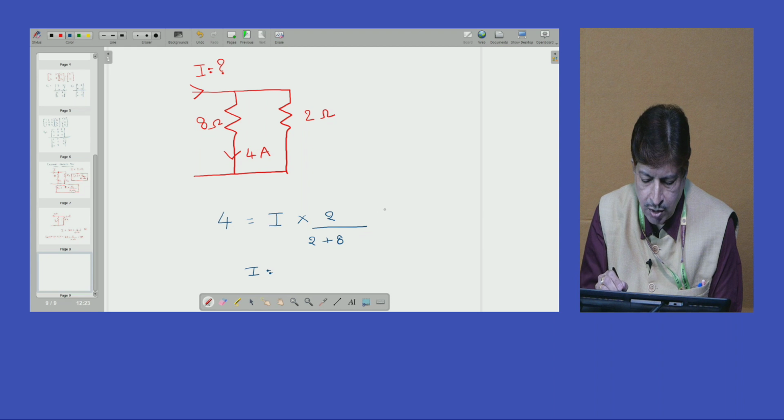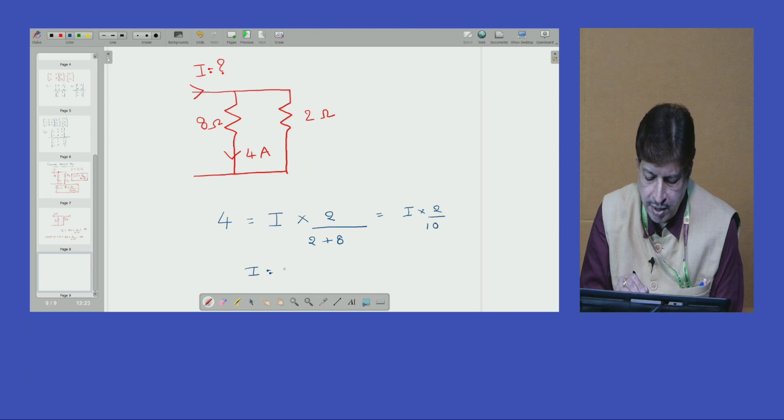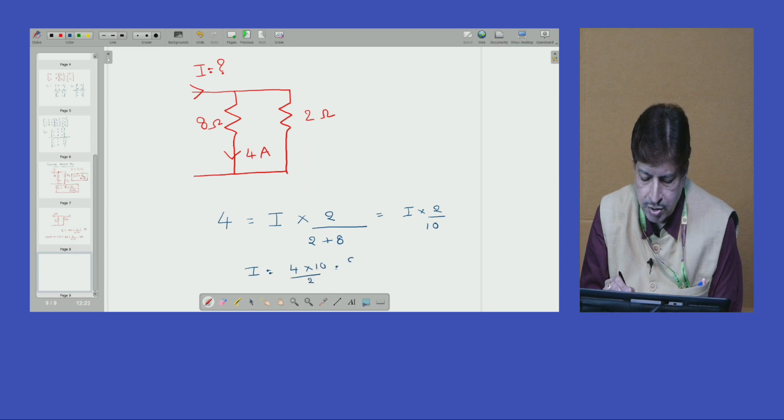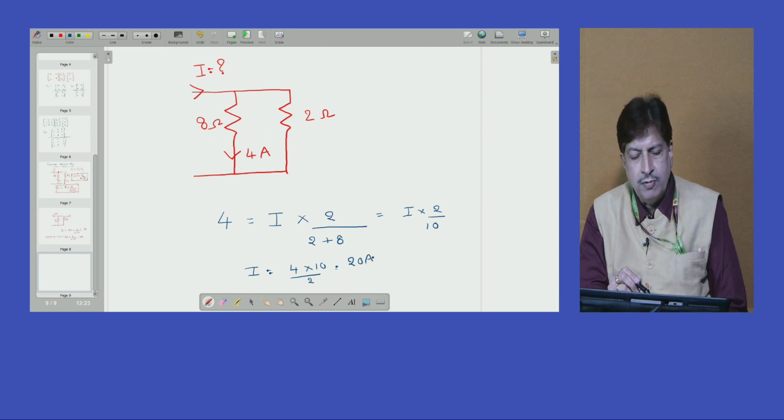This is I into 2 by 10. So what is I? 4 into 10 by 2. That means 20 amperes. This is another very useful rule or theorem in circuits.